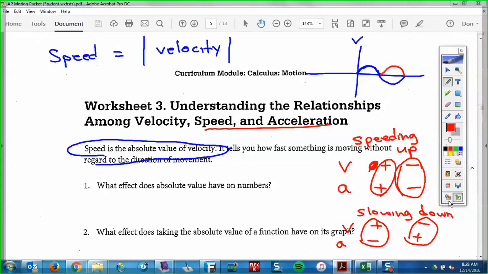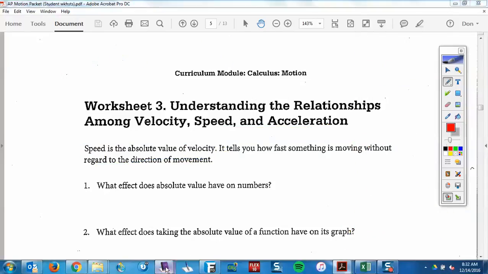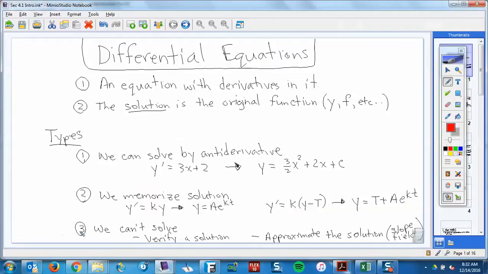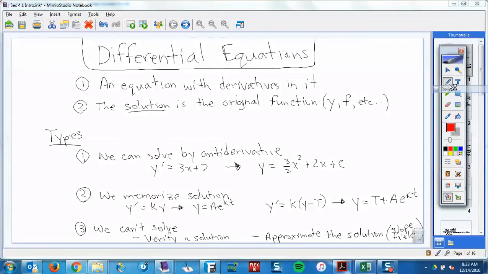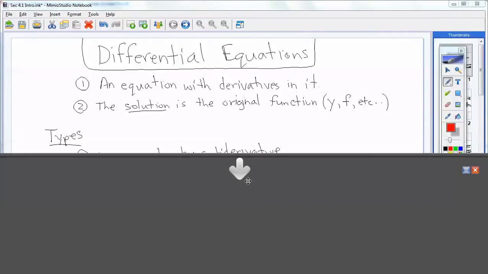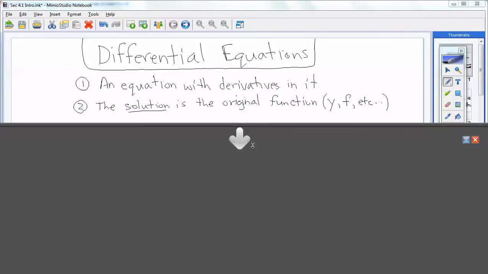All right, so that was the other thing I wanted to mention. Okay, we need to move on. So get your notes out. Now, I don't know that you need to write this down because this is stuff we wrote down back in chapter 2.